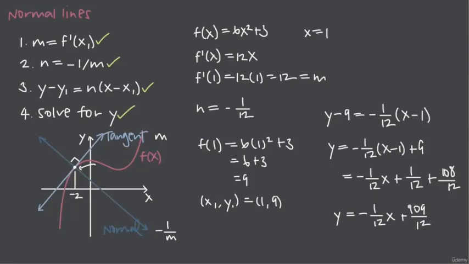So that's the equation of the normal line. Just remember, this is what the normal line looks like. It's perpendicular to the tangent line at that point of tangency. And we can always follow this set of steps here in order to find its equation.